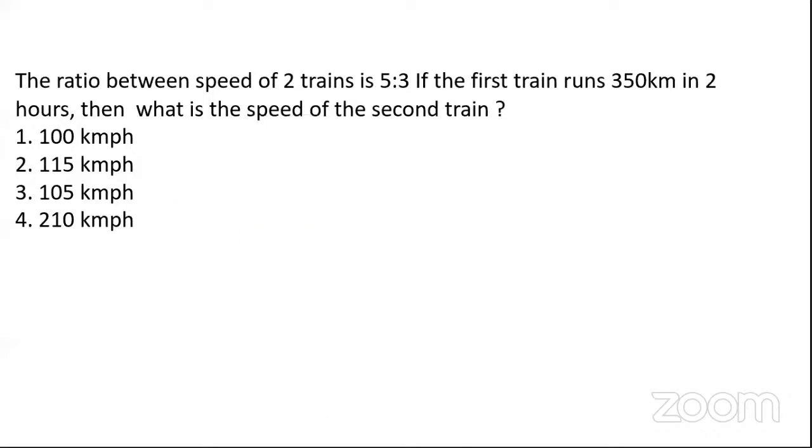Okay, we will start. So we will see today's Wipro topic-specific questions. The ratio between the speeds of two trains is 5:3.